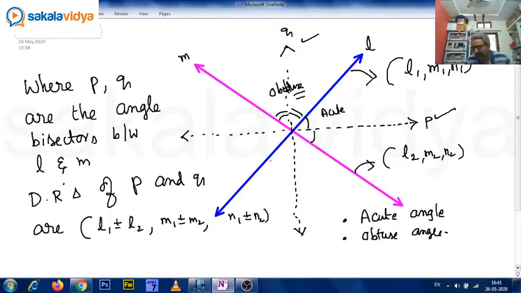This is the concept of the angle bisectors.